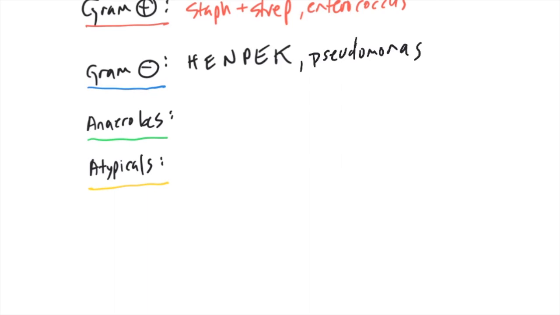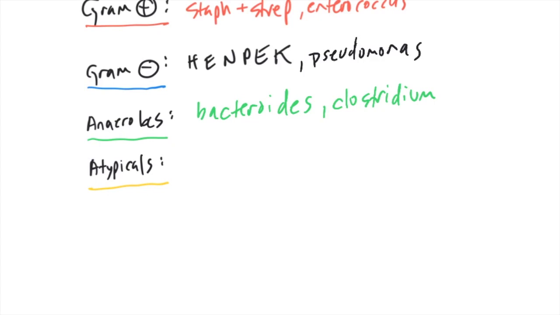Moving on to anaerobes. The classic example of an anaerobe is Bacteroides. You'll also hear B. fragilis and Clostridium, as in Clostridium difficile, C. diff.